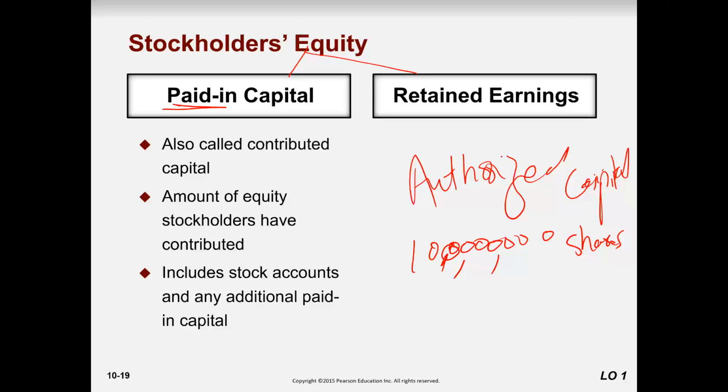So it means over the life of the company it cannot issue more than 100 million shares, right? That doesn't mean the company has backup cash against these shares. This is just the authorized capital.